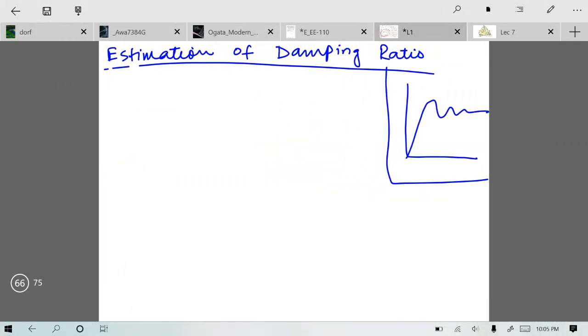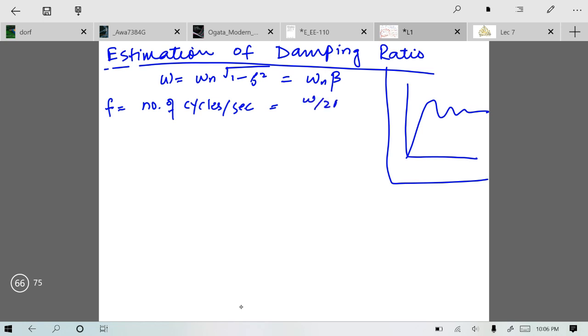So what we know is that omega is equal to omega n times square root of 1 minus zeta square, where square root of 1 minus zeta square can be called beta in our previous discussions. And we also know that frequency is the number of cycles per second, which is basically omega over 2 pi.